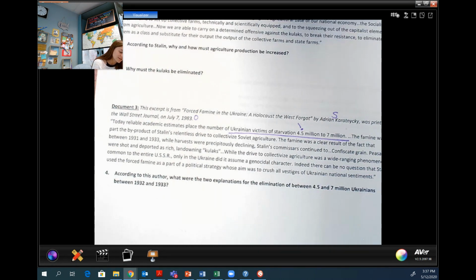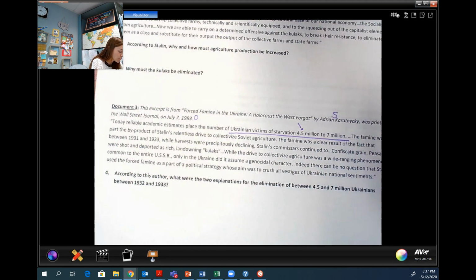The famine was a clear result of the fact that between 1931 and 1933, while harvests were precipitously declining, Stalin's commissars continued to confiscate grain. So let's keep reading.